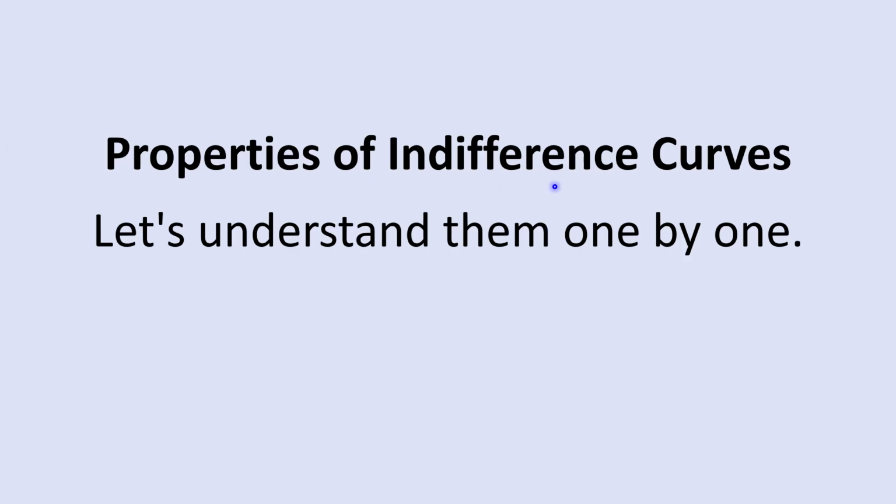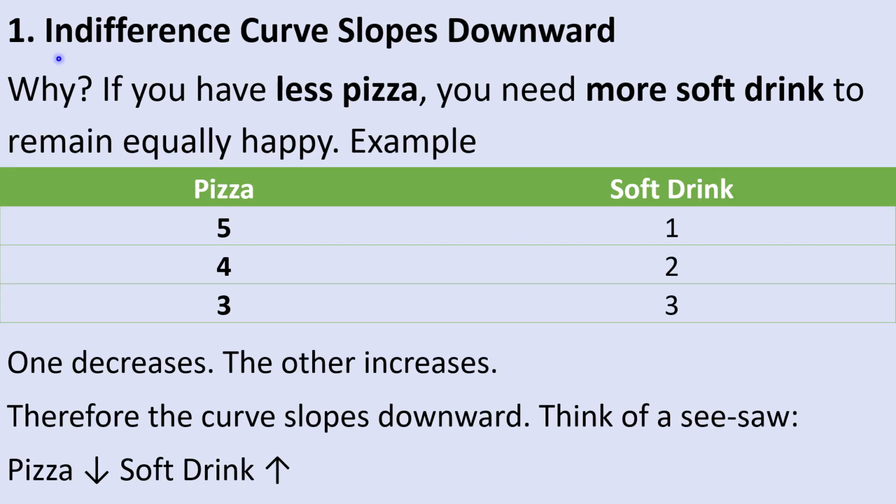Properties of indifference curves. Let's understand them one by one. Number one, the indifference curve slopes downward. Why? If you have less pizza, you need more soft drink to remain equally happy. Example: 5 pizza, 1 soft drink. 4 pizza, 2 soft drink. 3 pizza, 3 soft drink.